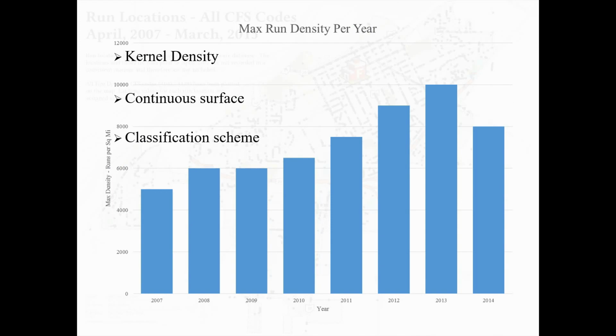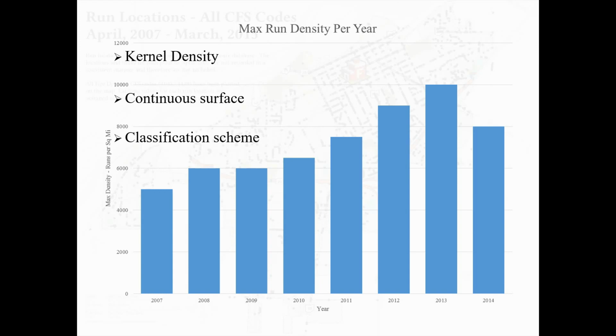I wanted to do is use kernel density, which some of you touched on in your journal articles. Basically that's just creating a continuous surface, a visualization of where the most points are occurring. It's pretty easy to do using the kernel density tool if we were just to take all the years together.